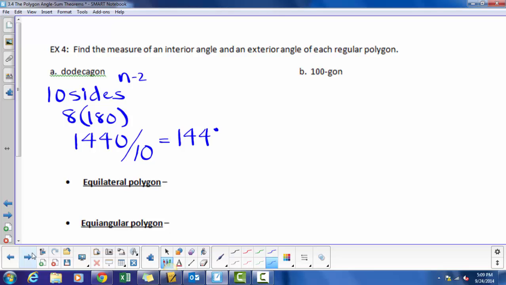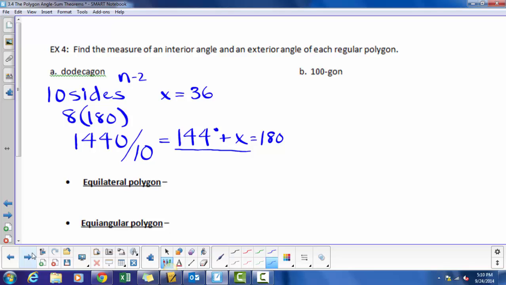144 degrees. The exterior angle, if you were to think about a polygon, the exterior angle measure and the interior angle when you extend the side have to equal 180. So each exterior angle has to be 36, because 144 plus 36 equals 180.